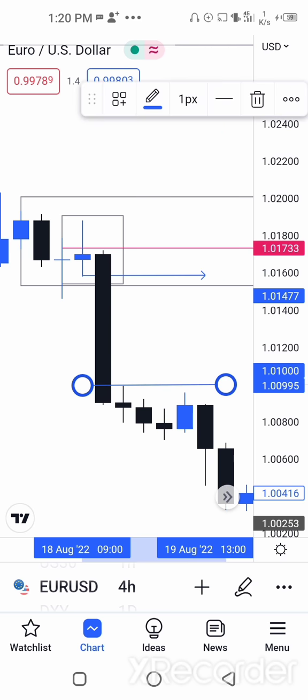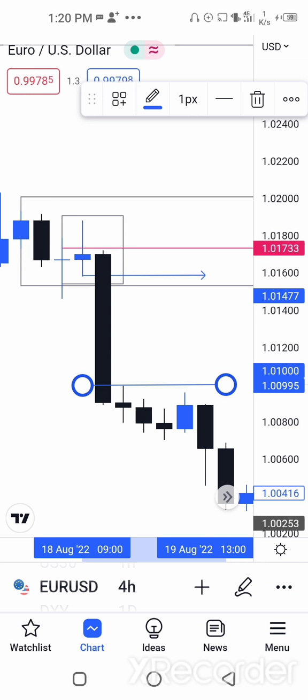It should give us a gap, which is what we call either an imbalance, an inefficiency, or some other guys call it the fair value gap. Depends on what you call it. That is one criterion for the validity of an order block. Most times price may not get to the last bullish candle before the bearish candle.